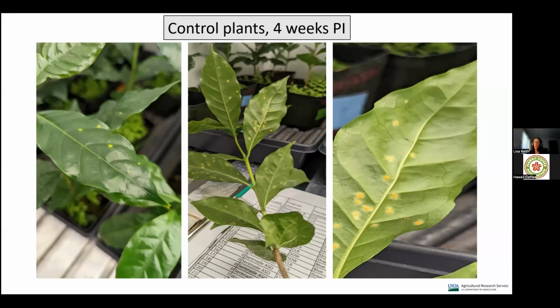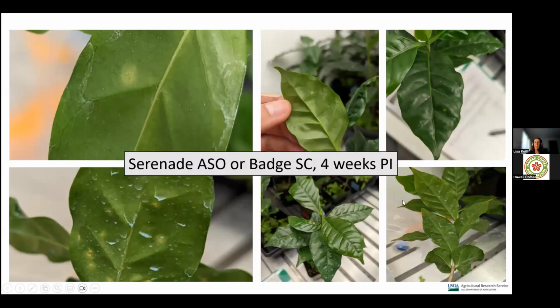So the controls, you can see within 4 weeks, definitely getting spots, visible spore production. And when you look now at this next slide, whether that be Serenade and Badge, or Badge, sorry, 4 weeks again post-inoculation, symptom development at variable levels.